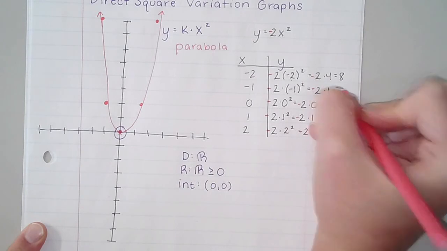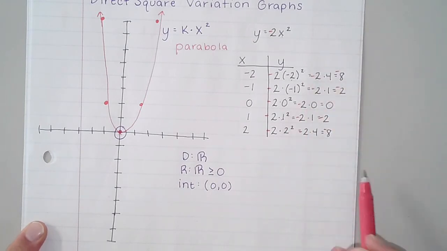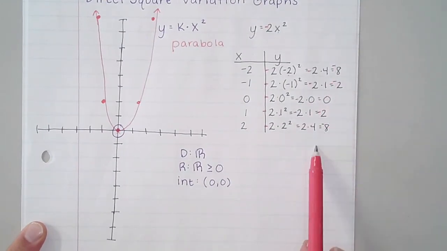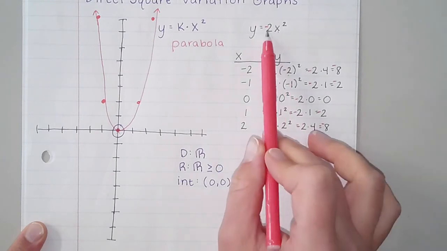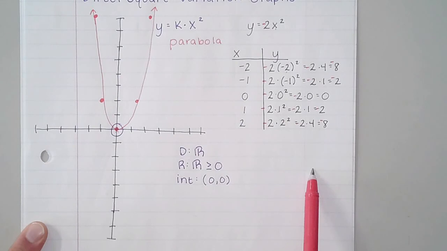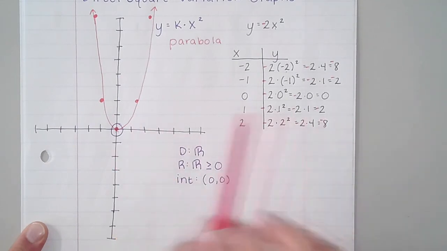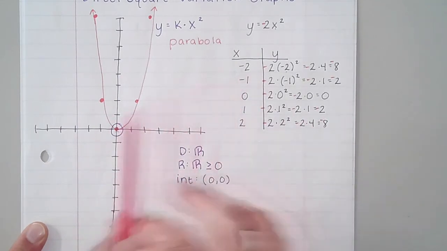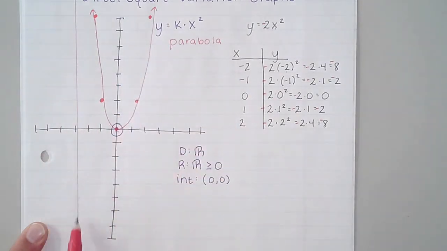Just a second ago, we were getting all positive numbers here for y. But when I switch my k value to be negative, suddenly I get all negative numbers. So think about what that's going to do to you picture-wise. At negative 2, we used to be up at positive 8. Now we're going to be down at negative 8. And I guess I'll go ahead and sketch that.